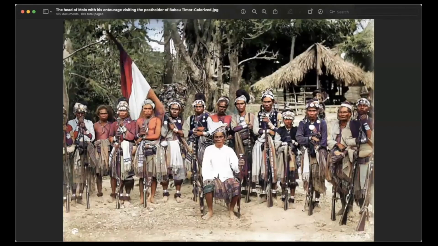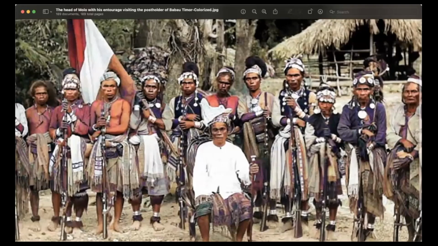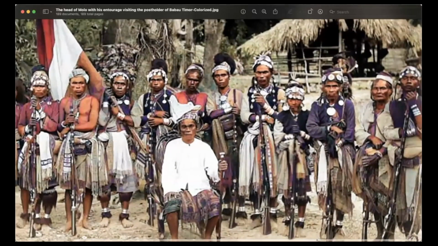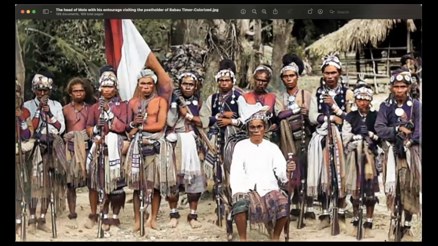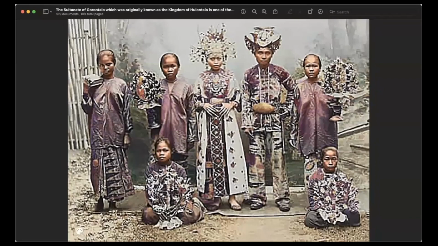Here we have the head of the Molo with his entourage visiting the post holder of Babao Timor. Southeast Asians, so swarthy. The Sultanate of Gorontalo, which was originally known as the Kingdom of Gorontalo, is one of the oldest and most influential kingdoms in the northern peninsula of Sulawesi Island, Indonesia.